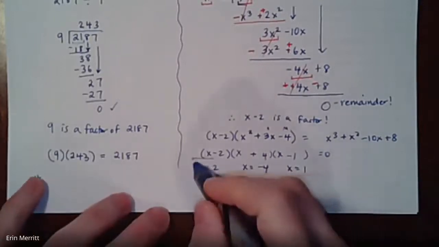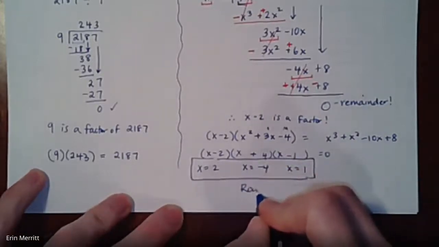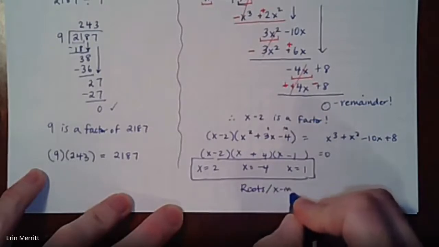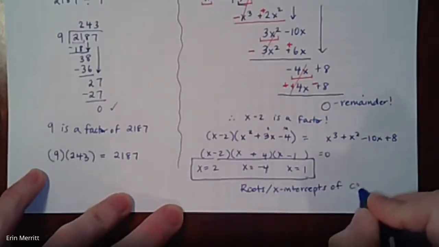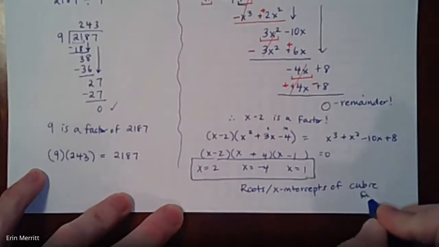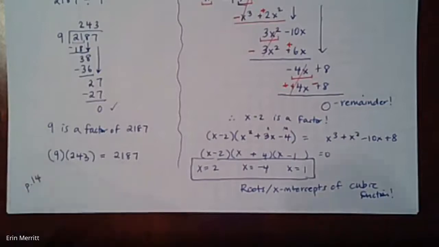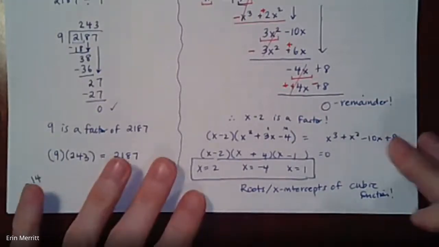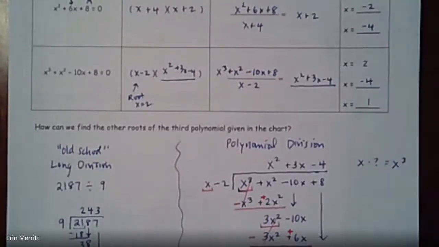So those are all the roots or the x-intercepts of that cubic function. So back into your chart, feel free to fill in those last two values. So then -4 and then plain old 1.